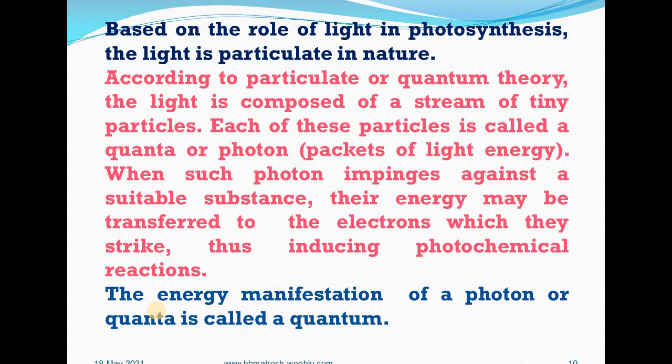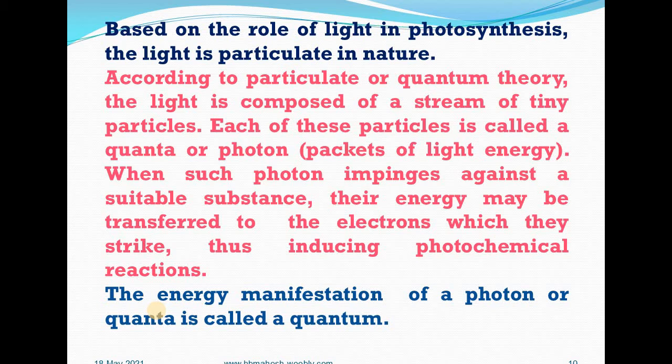See, based on the role of light in photosynthesis, light is particulate in nature. According to the particulate or quantum theory, light is composed of a stream of tiny particles.